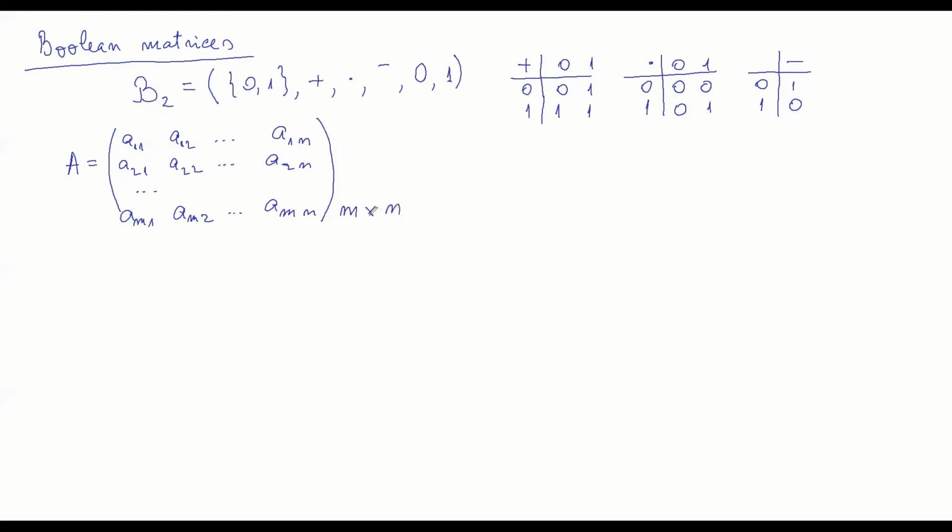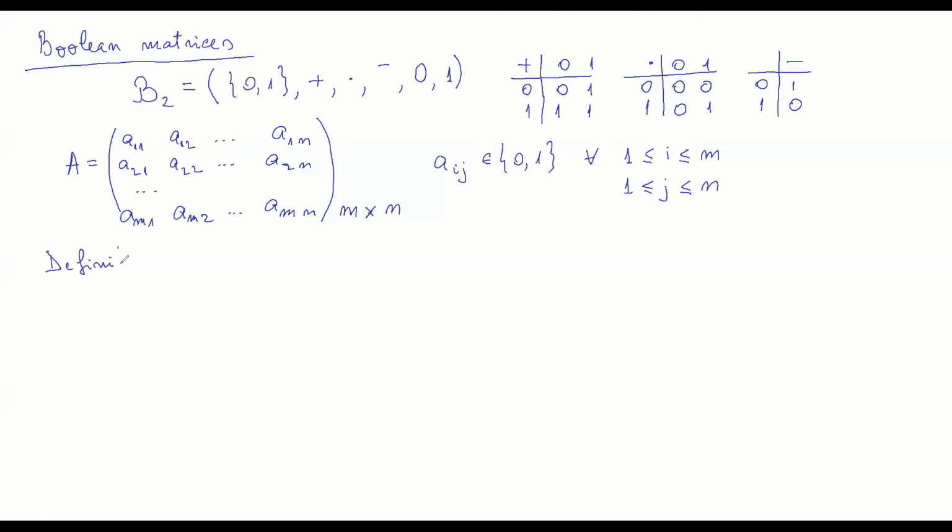So when I'm writing m times n, what I mean is that it has m rows and it has n columns. And all of these elements, a_ij, they belong to the set {0, 1} for all i's between 1 and m, and all j's between 1 and n. So we define some operations on these matrices in the following way.